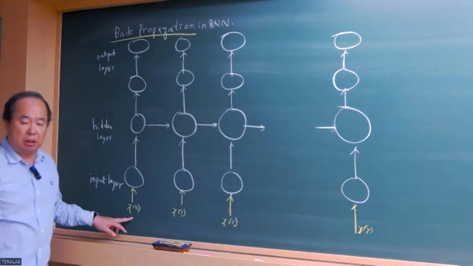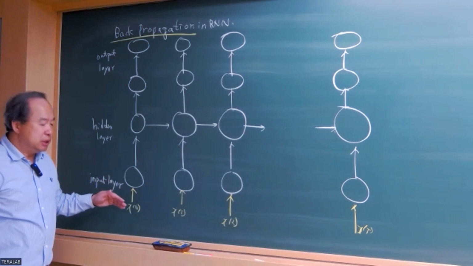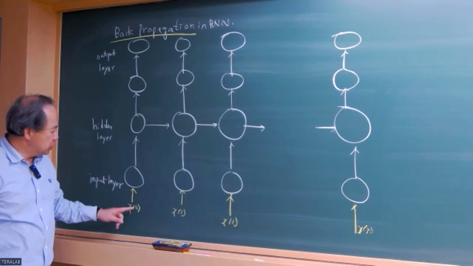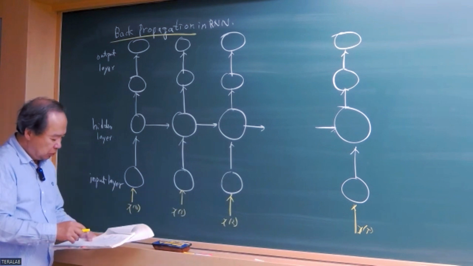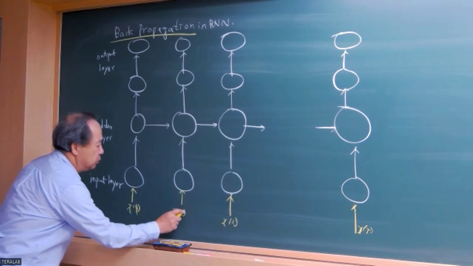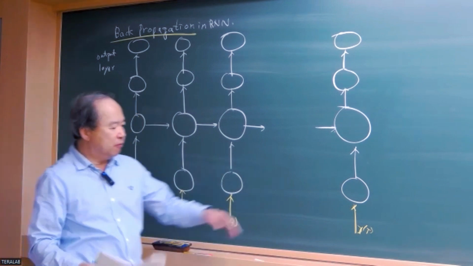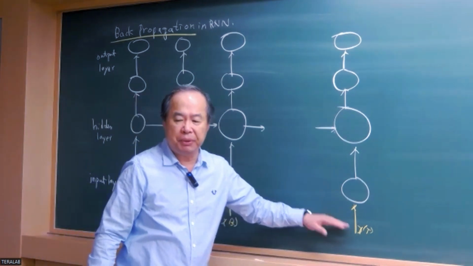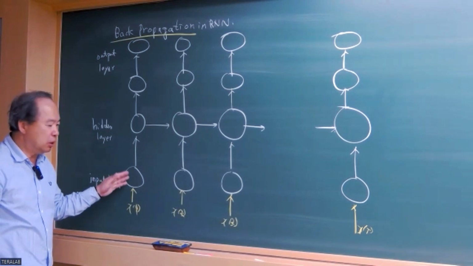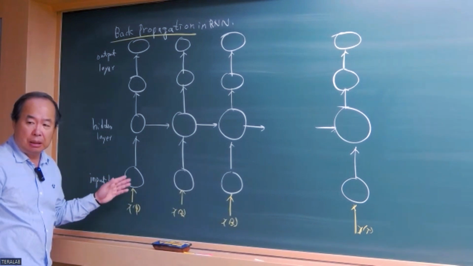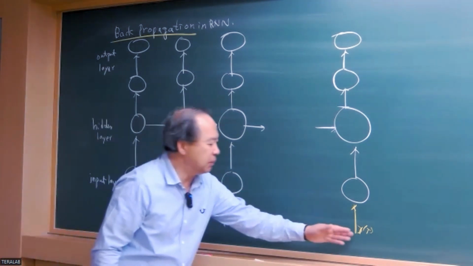The input vector is connected to the input layer sequentially at stage 1, stage 2, stage 3, and up to the final stage, time t. So the input will be connected to the deep neural network sequentially: time t1, time t2, time t3, and time t.